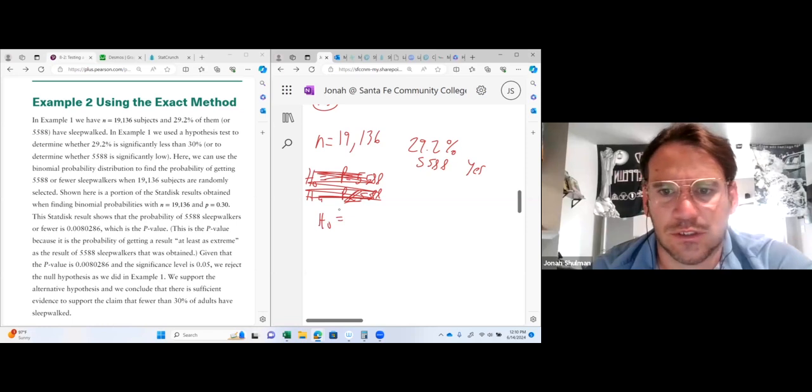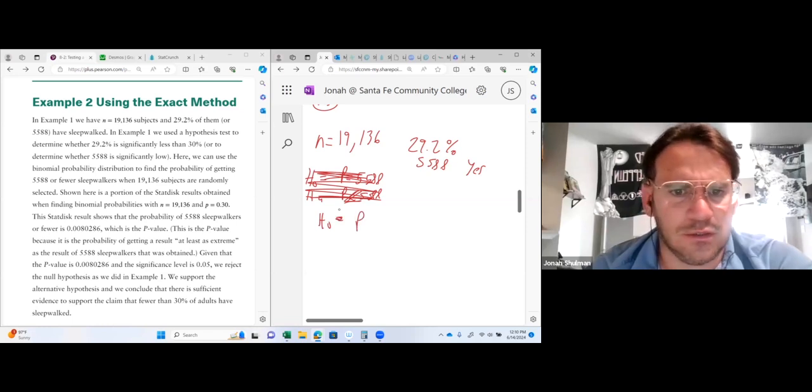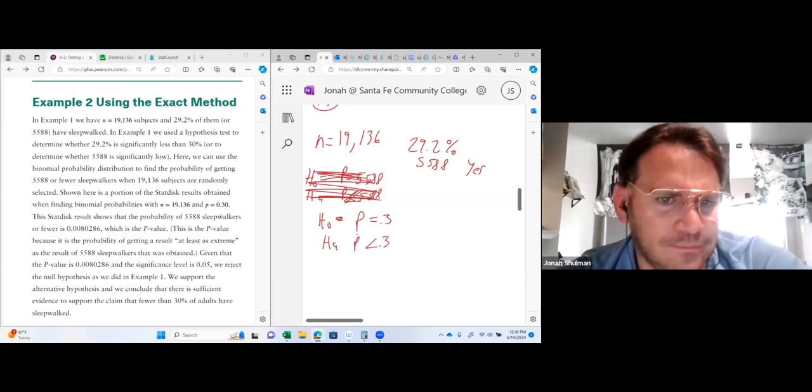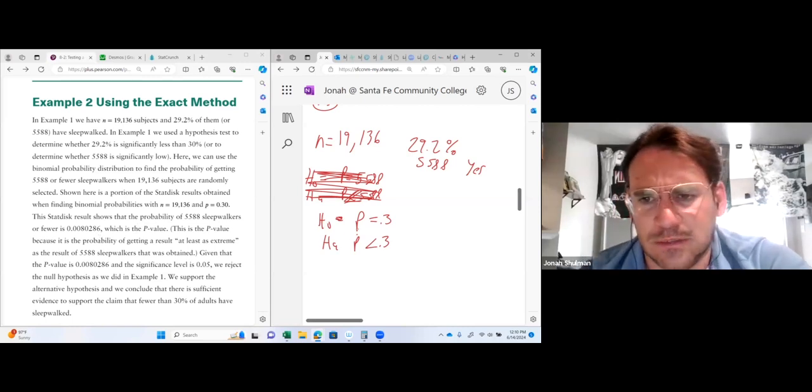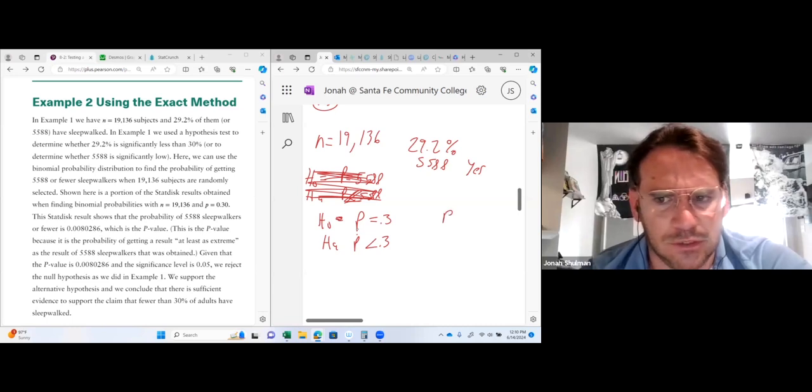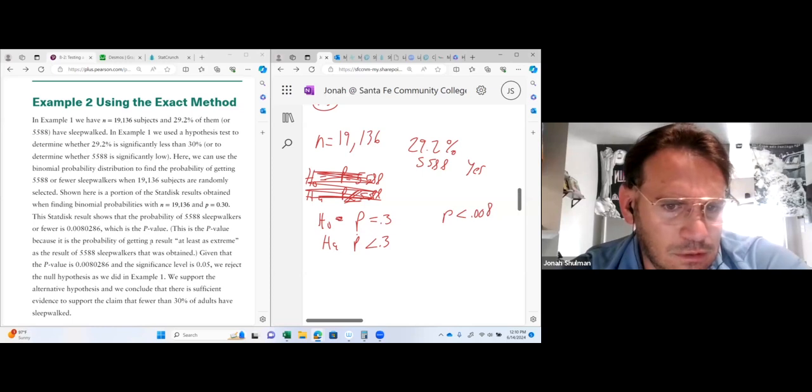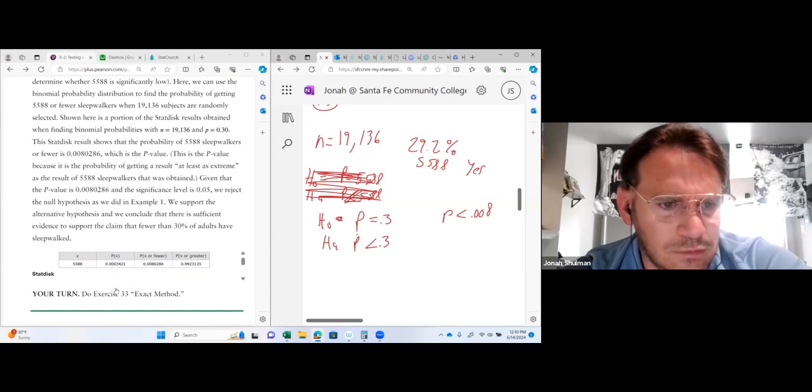So H0 is p equal to 0.3, and HA is p less than 0.3. The results showed a p-value of 0.008, so we ended up getting a probability which is less than 0.008. At least it's extreme. Given the p-value is that, we reject the null, because we did sample that, so we support the alternative hypothesis. Okay.